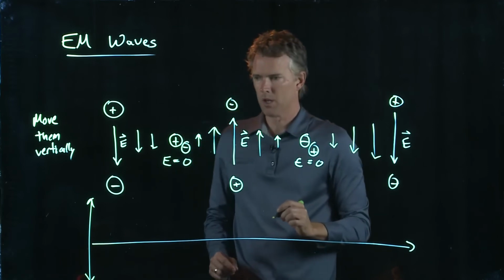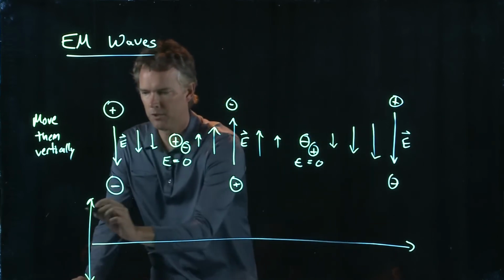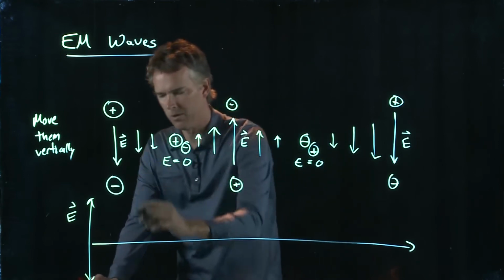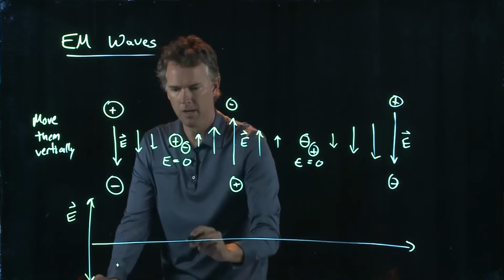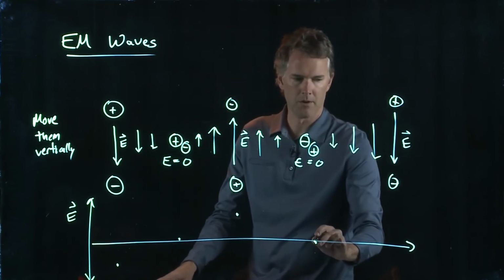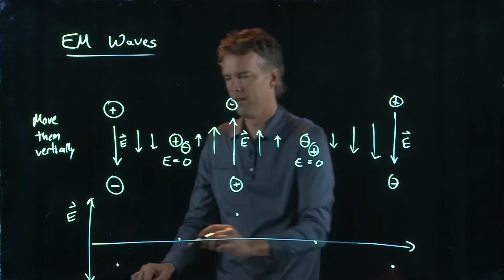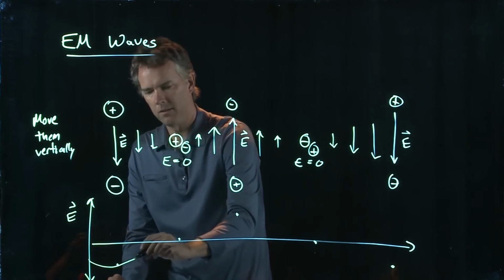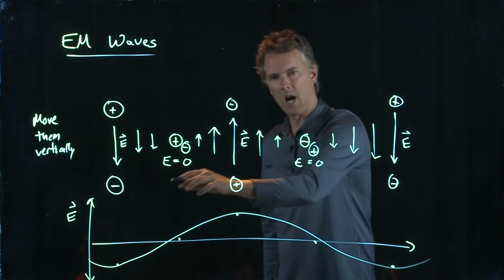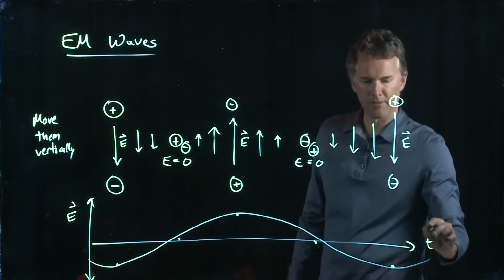And if I think about drawing the electric field as a function of time now, what can I say? Well, here it was negative, so it's some negative value. Here it was zero. Here it was positive. Here it was zero. Here it was negative. And so it's going to look something like this. Okay, it oscillates up and down as a function of time.